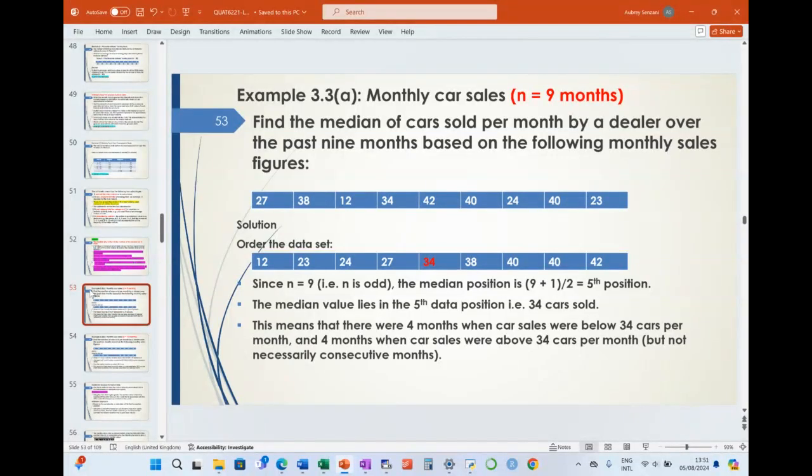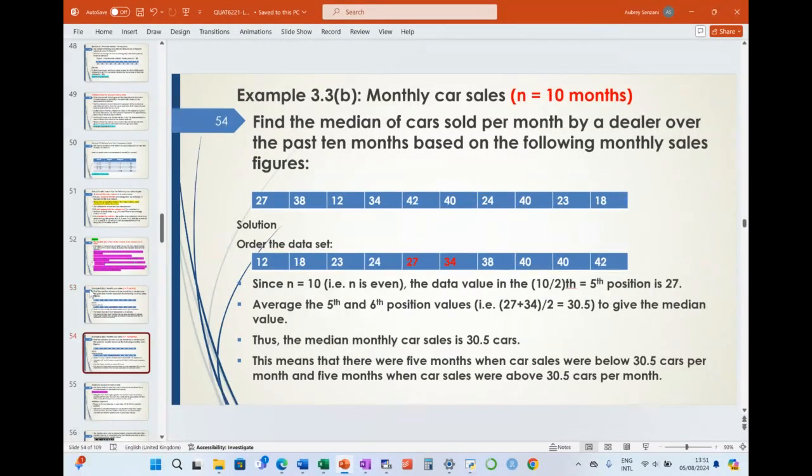That's easy for odd numbers, but you'll see what we do for even numbers in the next few slides. Here you can see it's not influenced by the 12, which is not necessarily an outlier, but let's say if we had 12, you could say it is an outlier. It's quite far from 23. If we had 70 over here, that would also be an outlier. Can you see it's far out from the next value? Here we just said what is the middle one, so it's not affected by outliers. The median, that is.